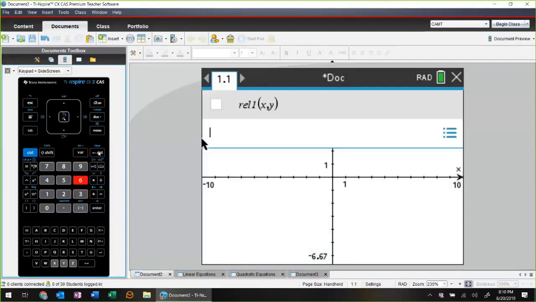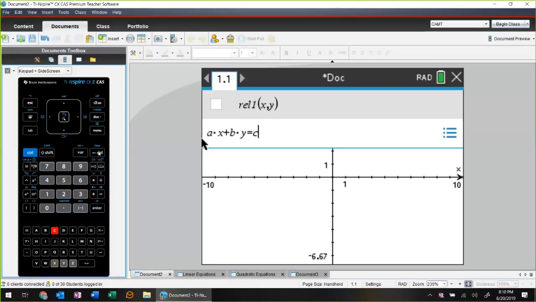So I'm going to type in the expression for the standard form of the linear equation. I've got a times x, and here on the Nspire I have to be careful, because if I type just ax, multiplication won't be implied there. The Nspire will think ax is its own variable. So by typing a times x, the Nspire knows I'm talking about the product of two variables, plus b times y equals c.